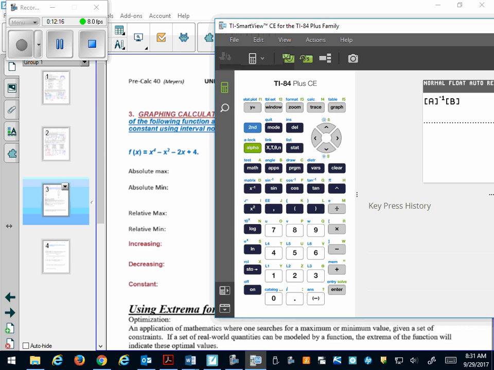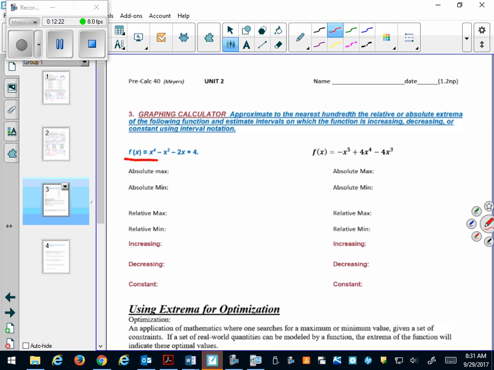So if we do this first one here, we're going to plug this equation into our calculator.